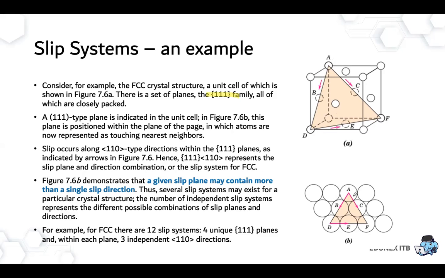This is also the most dense direction, or this direction, or this direction, because it is full of atoms. If you try to calculate what this direction is, it actually will be 110, because basically this direction is equal to this direction and this direction as well. So slip will occur along the 110 type direction and within 111 planes.